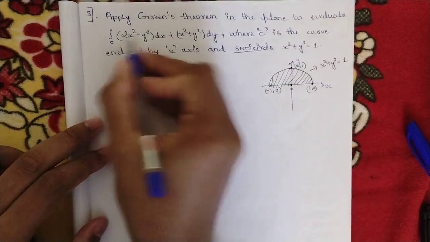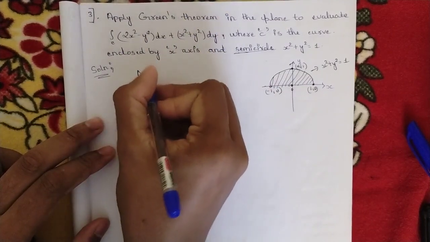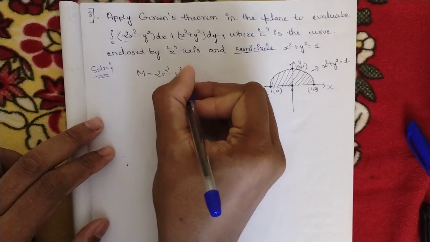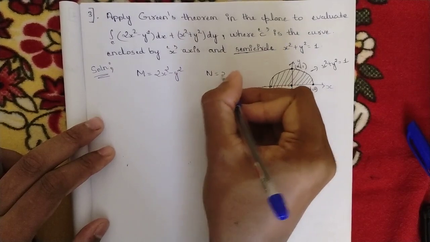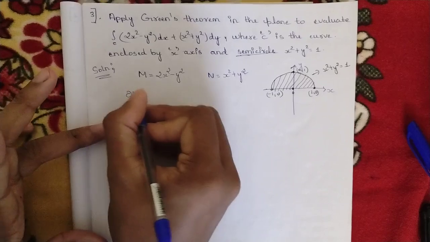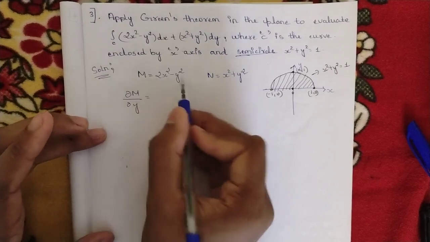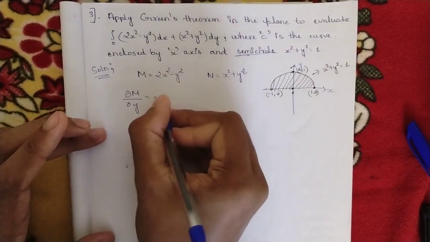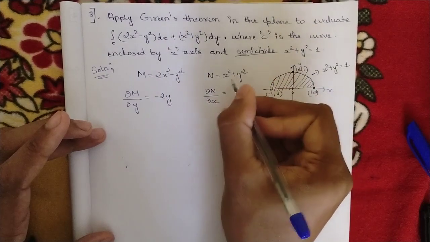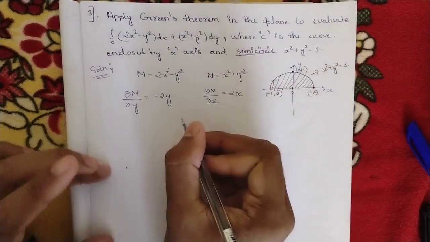Now according to the question, using Green's theorem here, m is equal to 2x square minus y square and n is equal to x square plus y square, right? So now what we should be solving for? Dou m by dou y, that is partial differentiation with respect to y. So here the differentiation is minus 2y, and dou n by dou x, that is with respect to x, we are left with 2x.